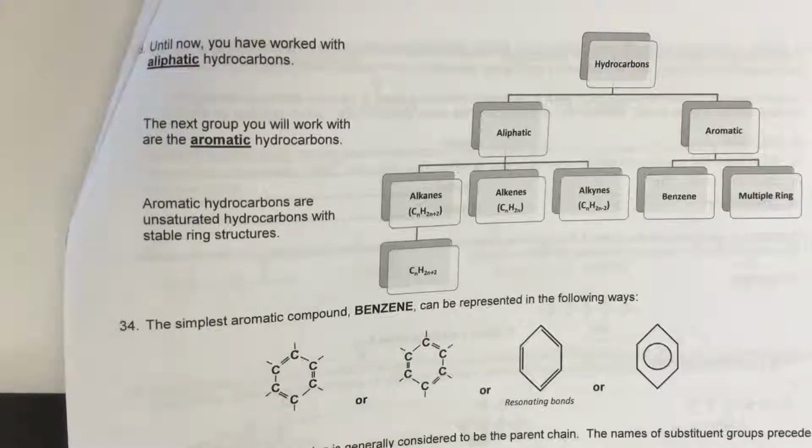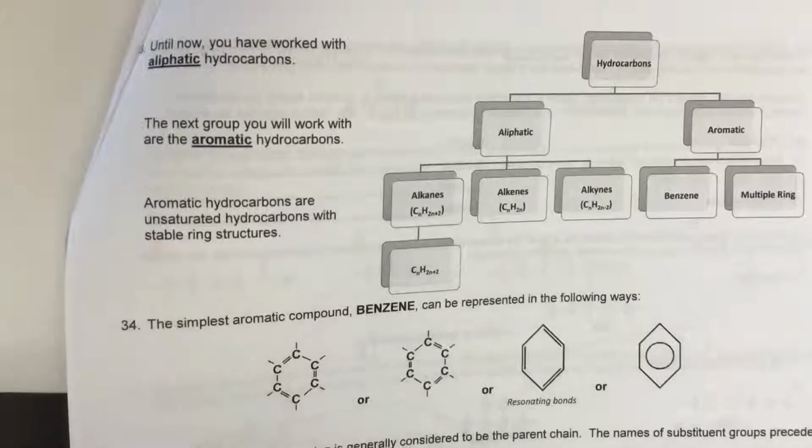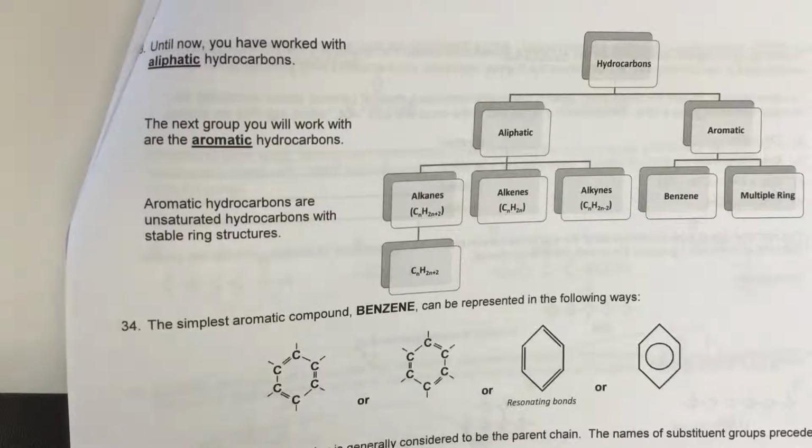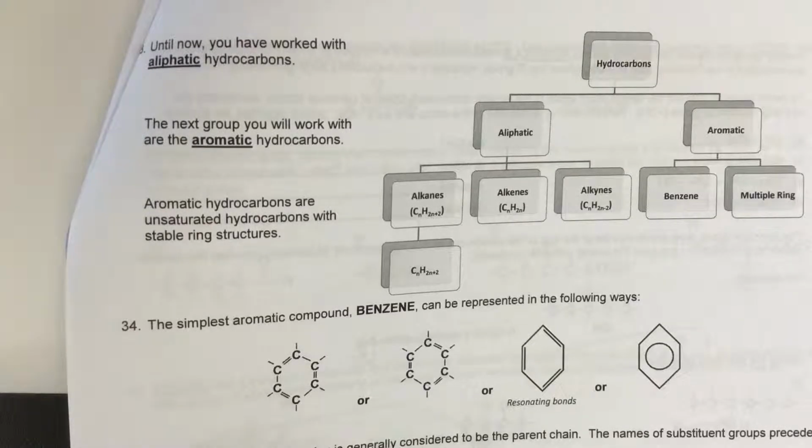Okay? At this point, you should understand the alkanes, hydrocarbons with single bonds, the alkenes, hydrocarbons with double bonds, and the alkynes, the hydrocarbons with triple bonds.